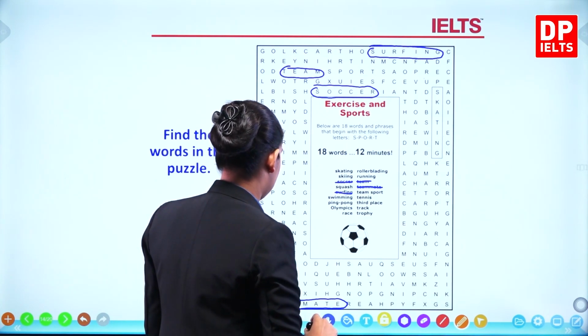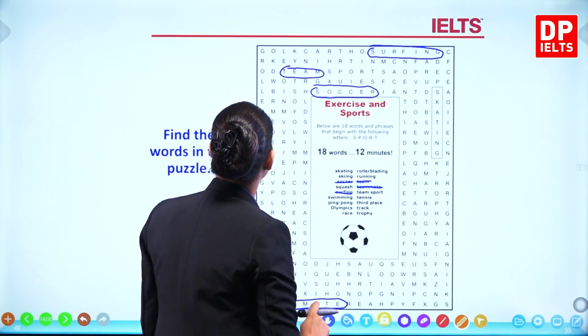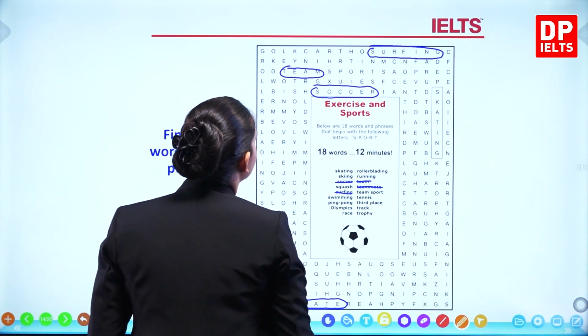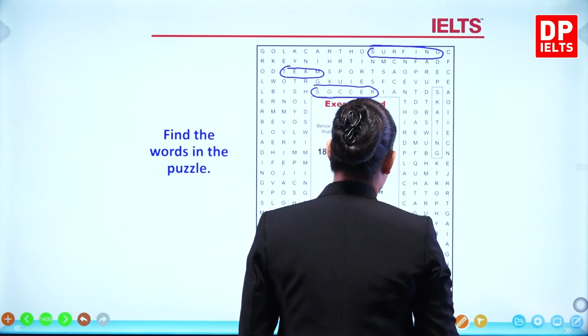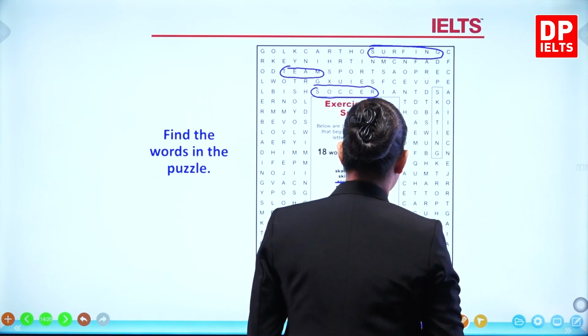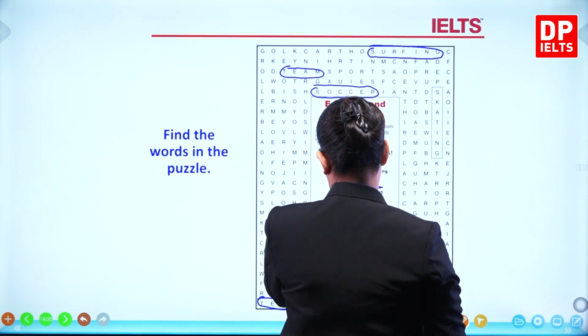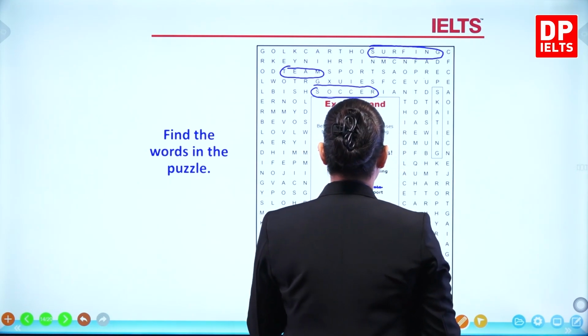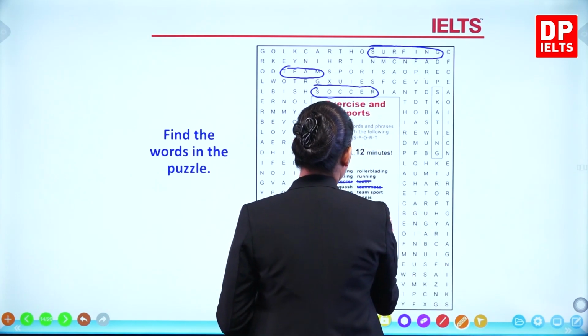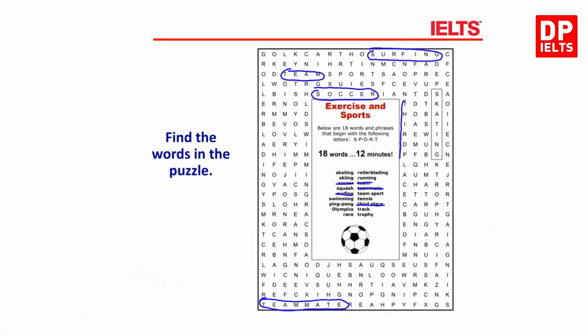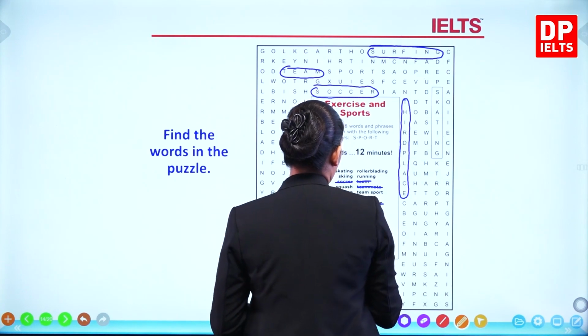Next one, let's see what other words we can come up with. Right, so we can have a look at third place. We have done that as well.